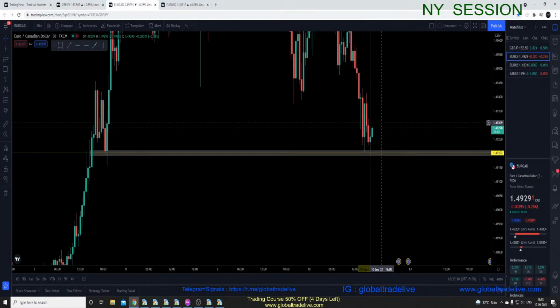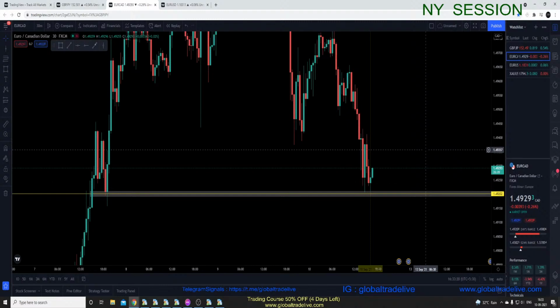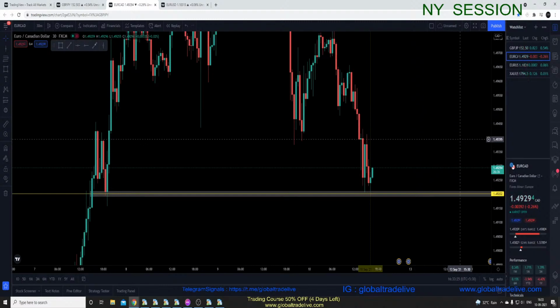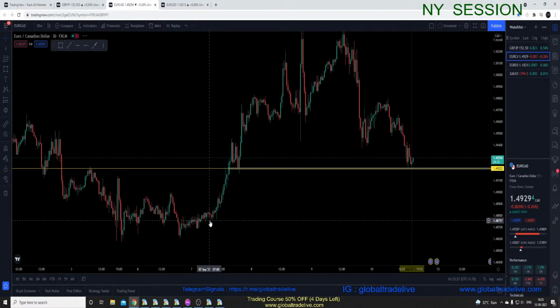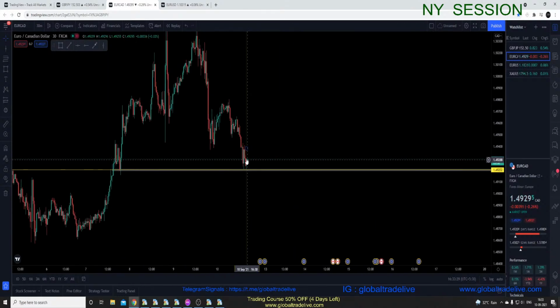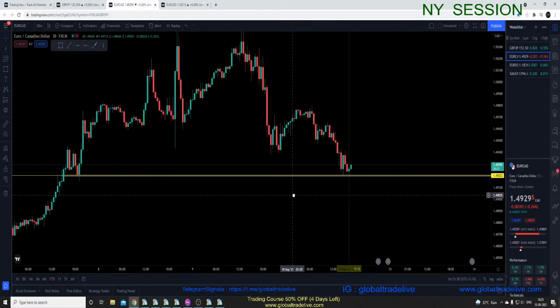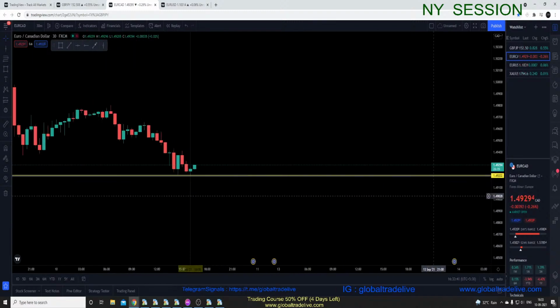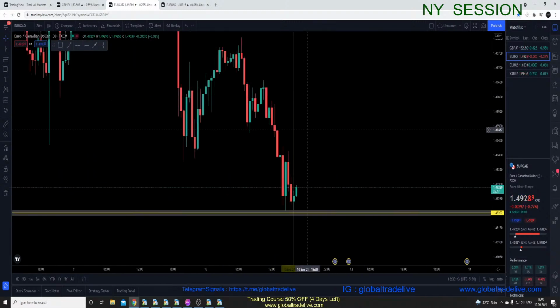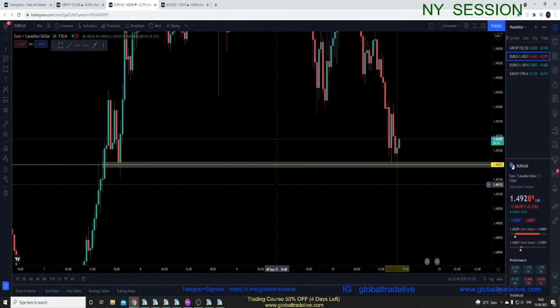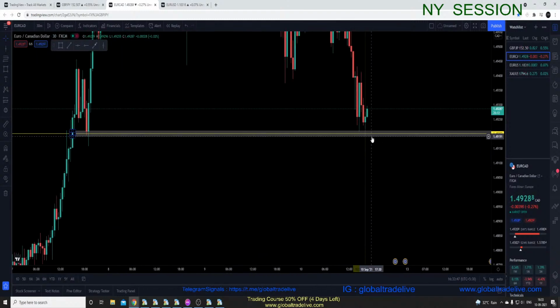So I'm gonna wait. The good thing is, I can see a symmetry forming in EuroCAD also, and it's a really nice symmetry. If the symmetry continues, then it will go all the way down like this to this level over here. So I'll try to catch this move. If I can catch this move, then it will be a really good profitable trade.